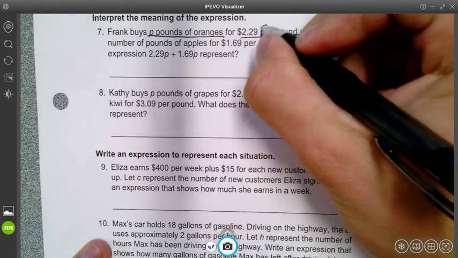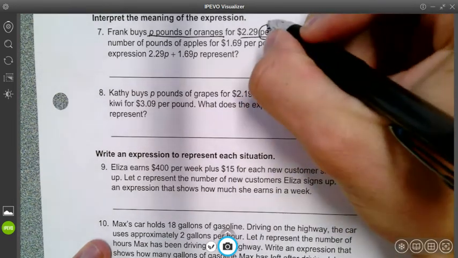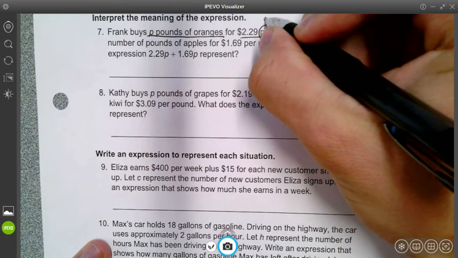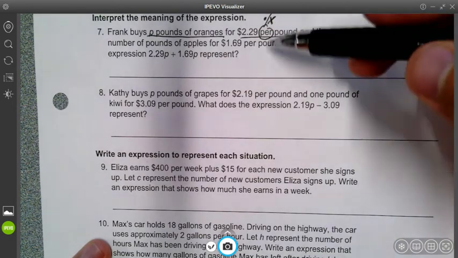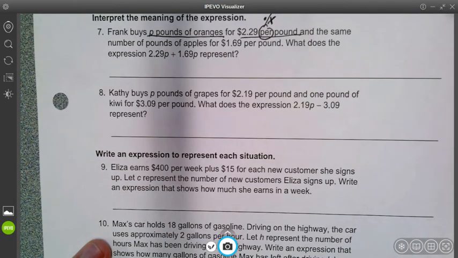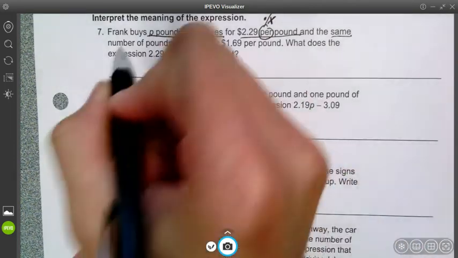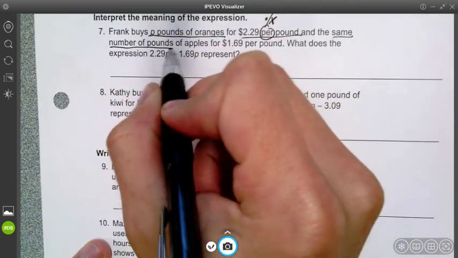Well, I see this key word here, per. And per normally means multiplication. We can write that as a couple different ways, either a cross, an X, or a dot. That normally means multiplication. And he bought the same number of pounds of apples.